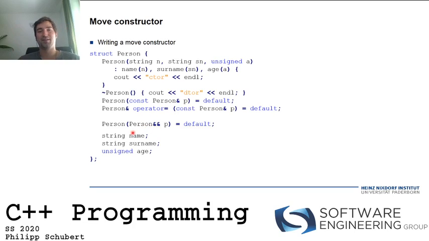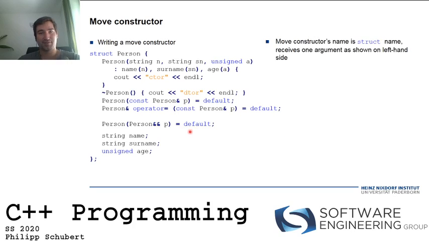And so what the move constructor here receives as a parameter is basically a person double ampersand p, which essentially means a temporary value of type person. And we can also, of course, set it to default again, because we're only using STL strings and built-in data types such as unsigned integer.